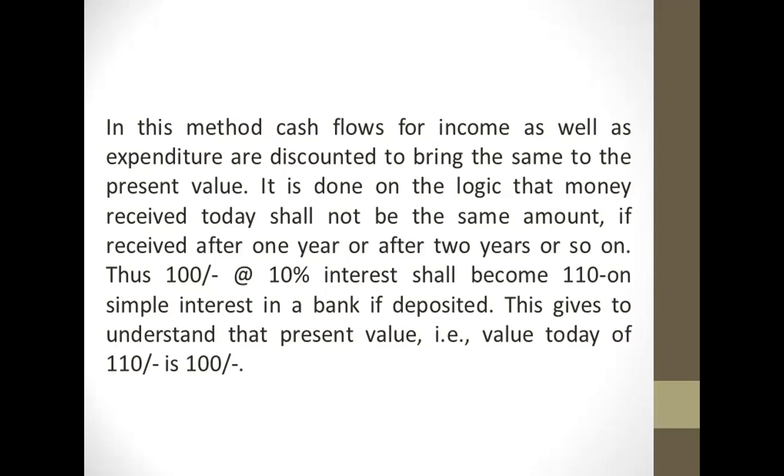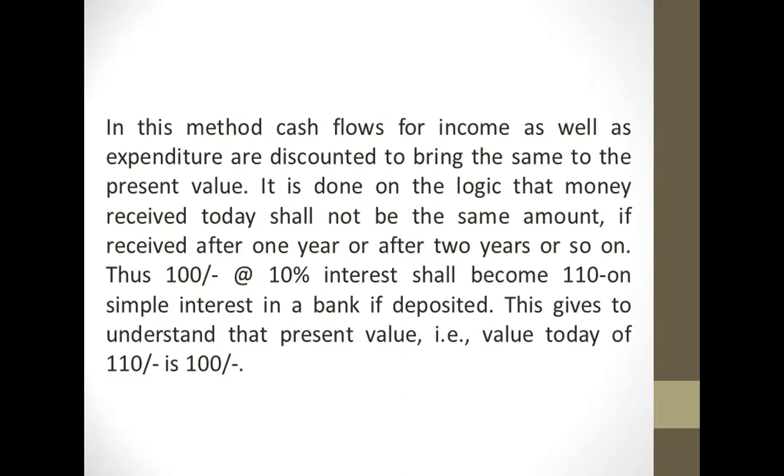It is done on the logic that money received today is not the same as money received after 1 year. We have seen the example that 100 rupees today will be more than 100 next year, because if the rate of interest is 10%, it will bring you 110. That means money has a value, because if deposited in a bank, you will get interest on it.